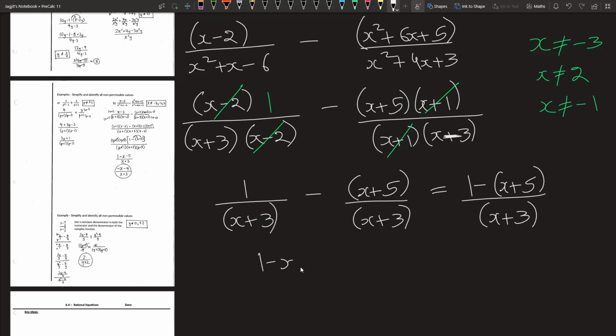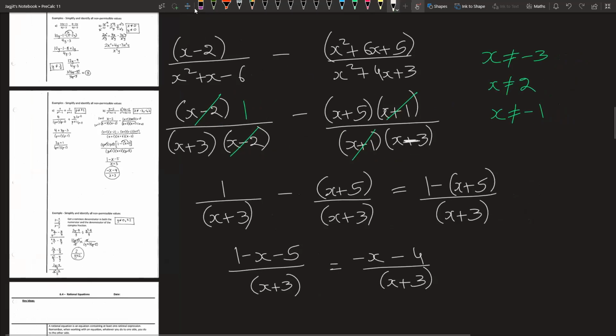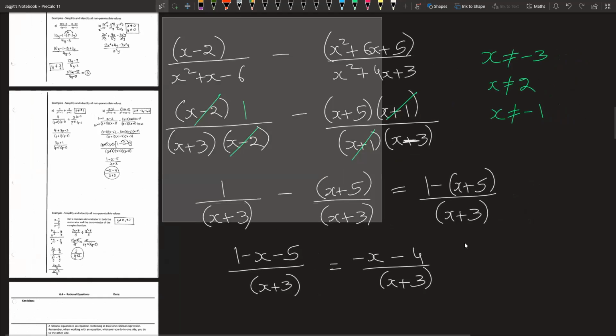So you get 1 minus x minus 5 over x plus 3. So that's just going to be minus x, and 1 minus 5 is minus 4 over x plus 3. As simple as that, folks. You've simplified it. You've written your non-permissibles, and that is your answer. Does anyone have any questions here? Okay, good.